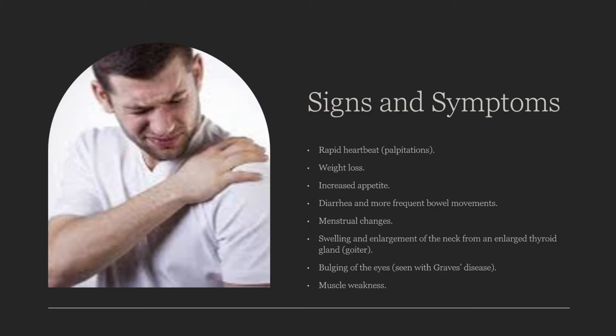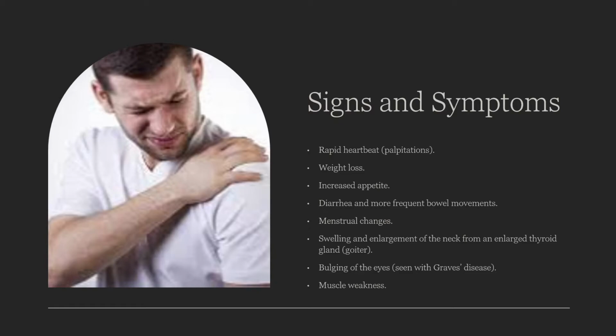If you have an increased appetite as well, diarrhea or frequent bowel movements, vision changes, thin, warm, and moist skin. For women, if they start noticing there's menstrual changes, some people develop intolerance to heat and start to excessively sweat.